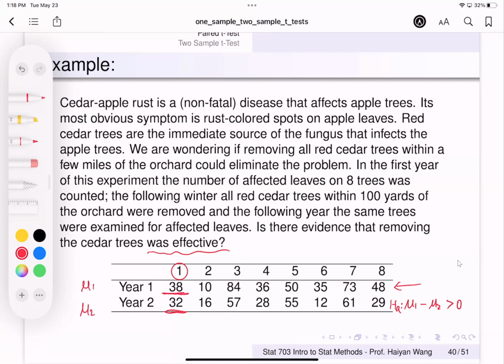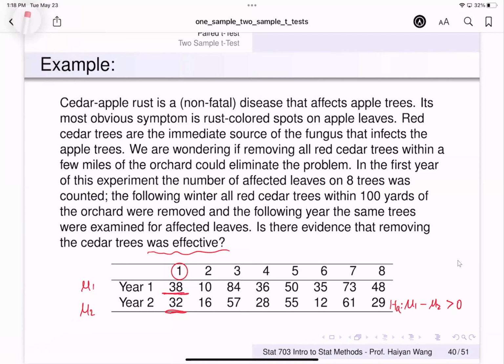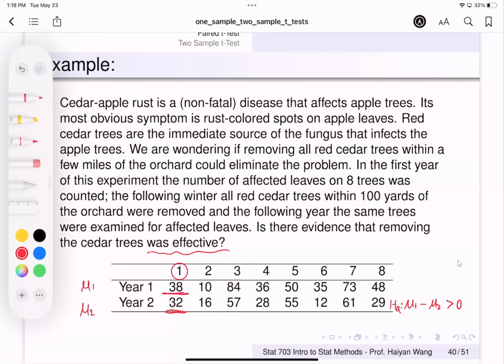The null hypothesis is written as mu1 minus mu2 is 0, and the research hypothesis is that the mean of the first year is bigger than that of the second year.